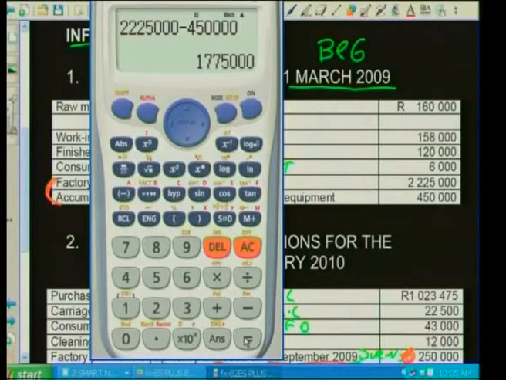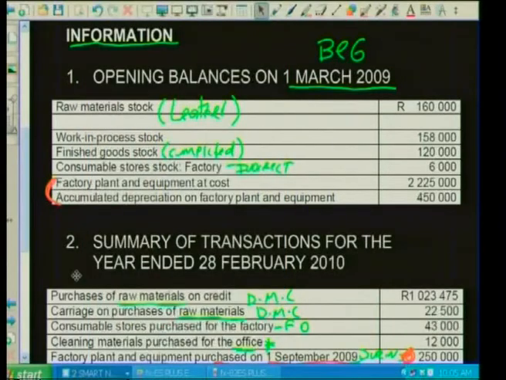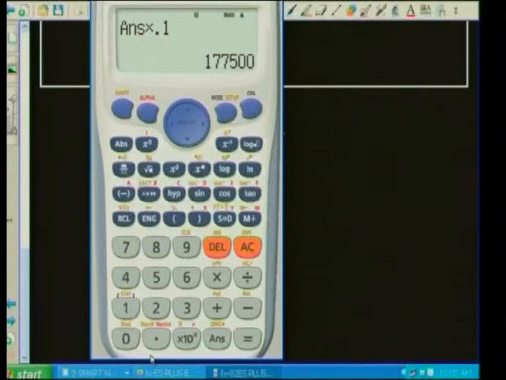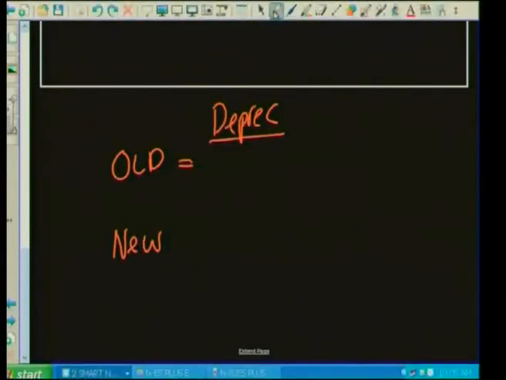We are then going to times this by 10% because we're depreciating by 10% to get a depreciation amount of 177,500. So let's take that through. Okay, so our depreciation 177,500.